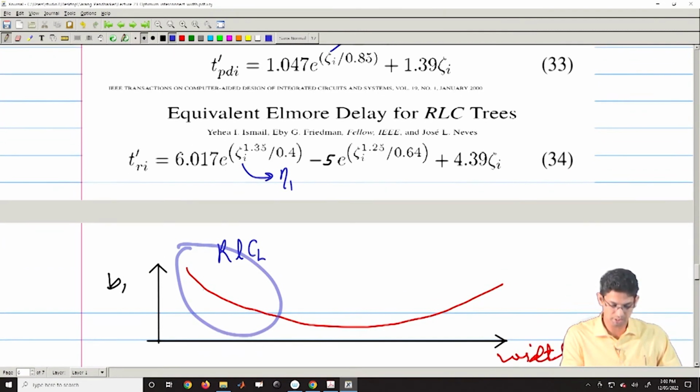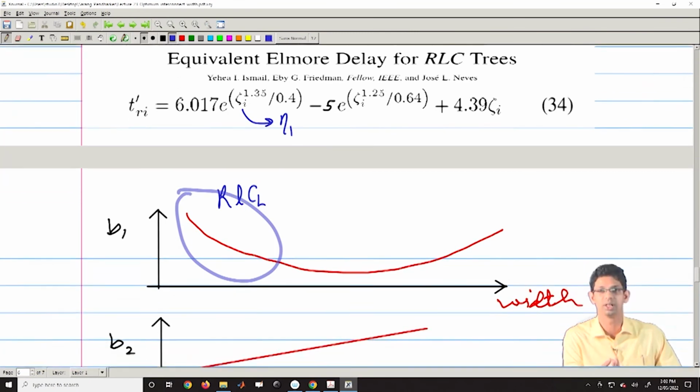This is the case when you go on reducing the interconnect width: at some point the resistance becomes so large that the interconnect resistance into the load capacitance starts dominating your B1.